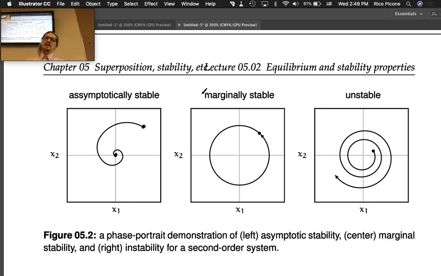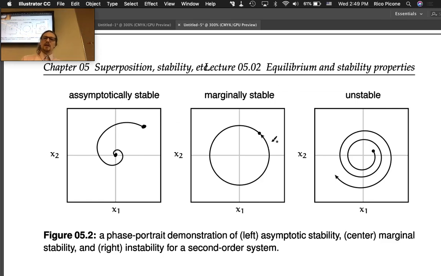If your system is asymptotically stable, then no matter where you start, it's going to approach the equilibrium state as time goes to infinity. It'll approach it asymptotically. Their phase portraits would look like that. So this would be the free response, right? Just let it go and whoosh.